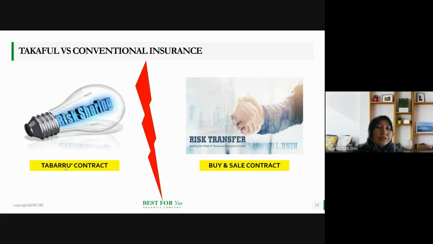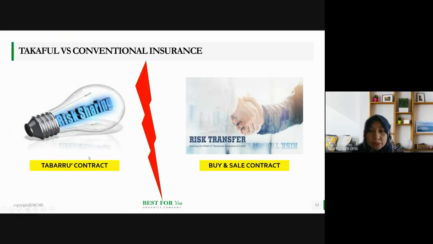In this case, the Takaful operator is the fund manager, not the fund owner. The fund owner is the participant, not the Takaful operator.